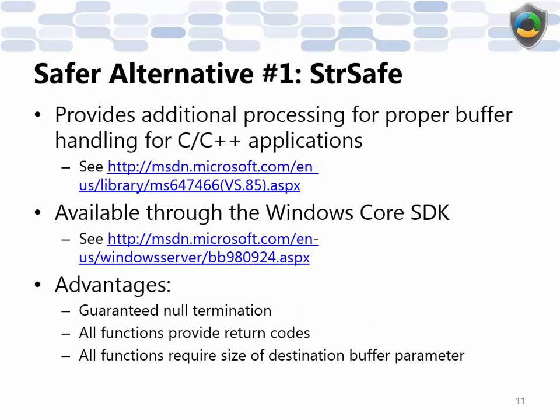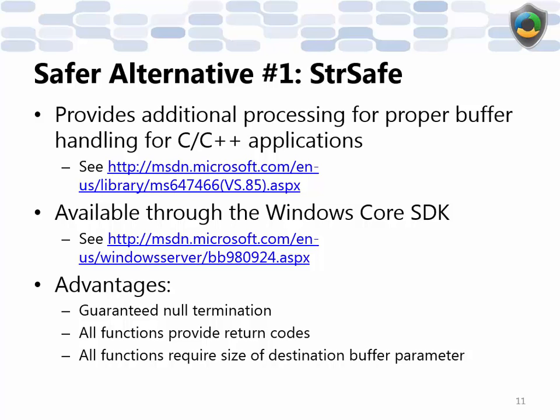So let's talk about a couple of these safer alternatives. The first, as mentioned earlier, is the StrSafe library. It provides additional processing to reduce exposure to buffer overflow attacks for both C and C++ applications. The library has several advantages. First, functions in this library guarantee that all string operations will be null terminated.